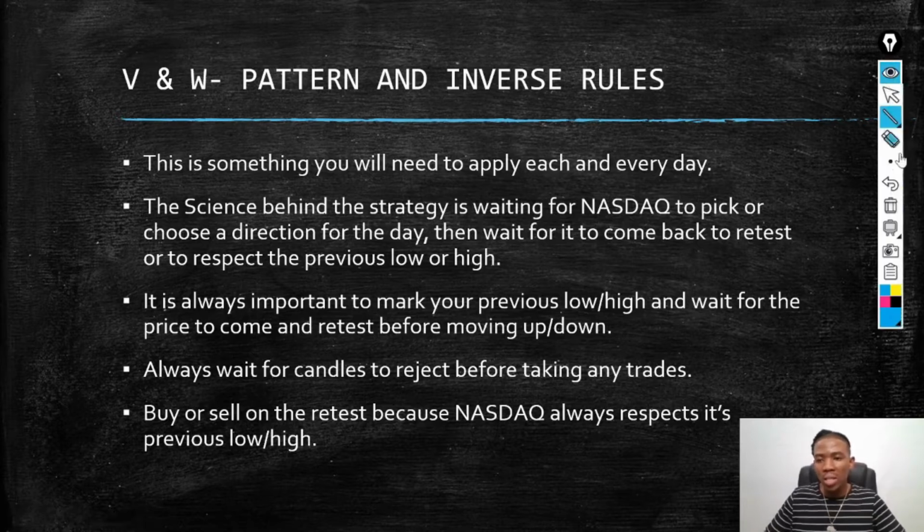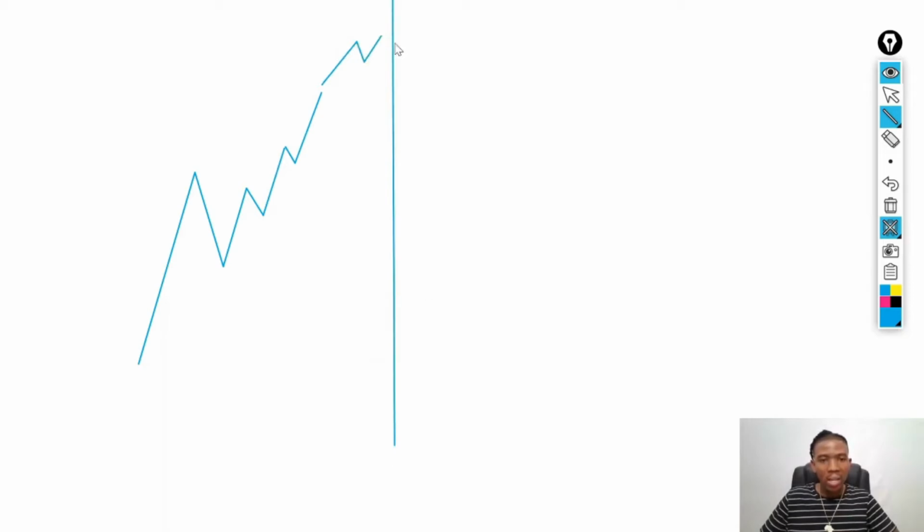So let me put this in easier terms. Let's say the market was playing like this and it decided to shoot up for this day, and the next day, it comes back to retest. We want to enter upon retest of the previous low for the day.